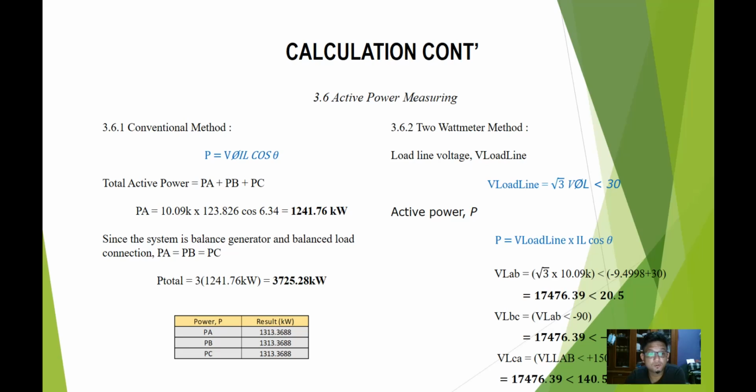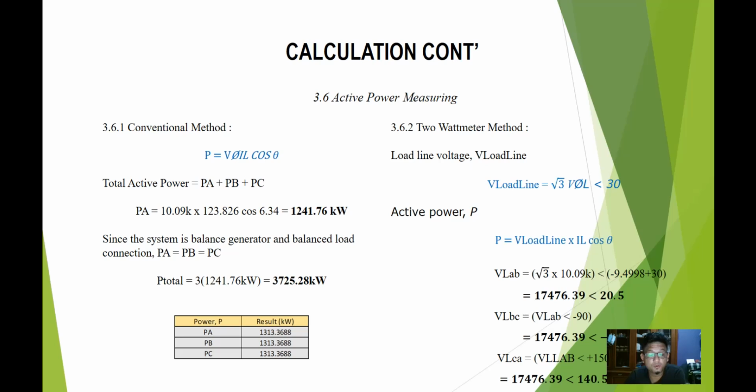So the total active power equals PA plus PB plus PC. So the answer is 1241.76 kilowatt. Since the system is a balanced generator and balanced load connection, PA equals PB equals PC.